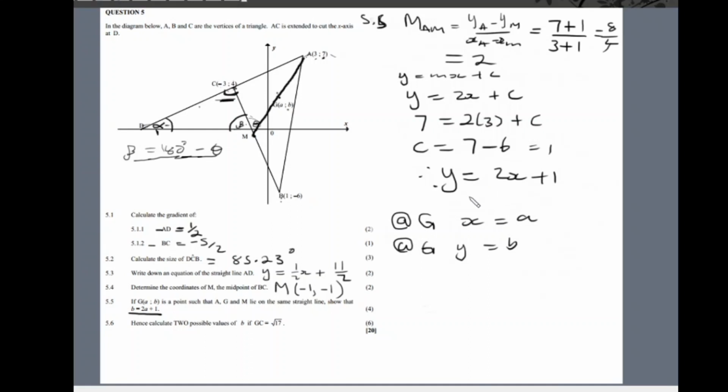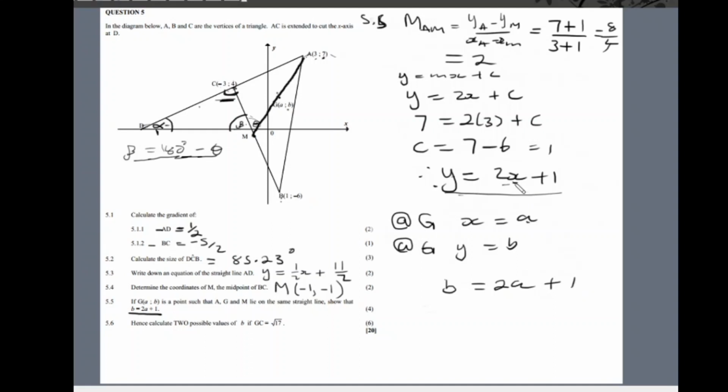So in this equation of the straight line, where I see x, I'll just put a, and where I see y, I'll just put b. So I'll have b equals 2a plus 1, right?